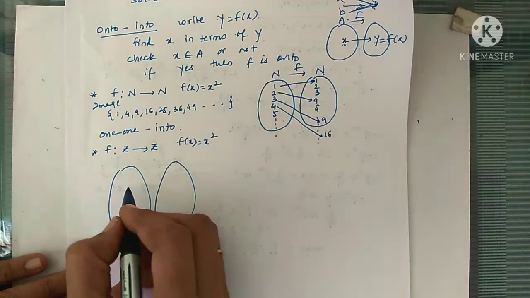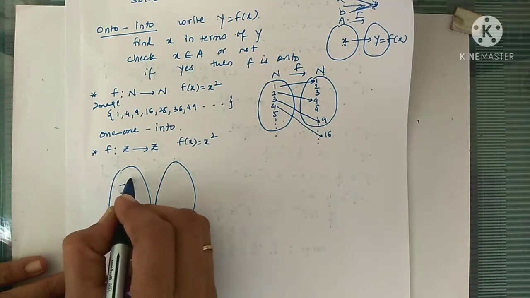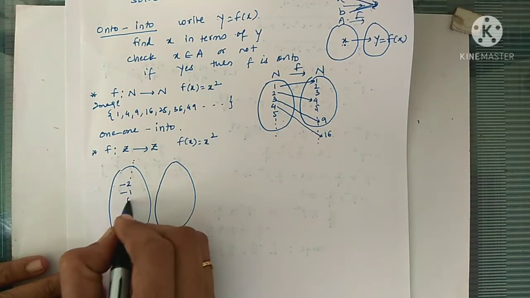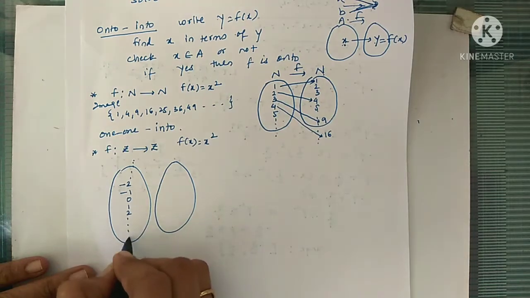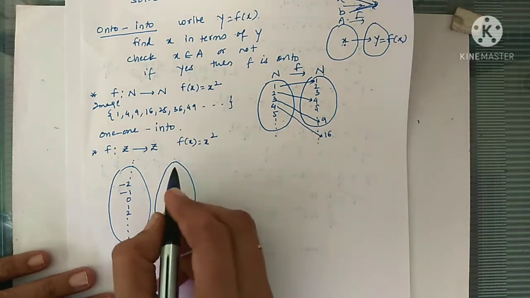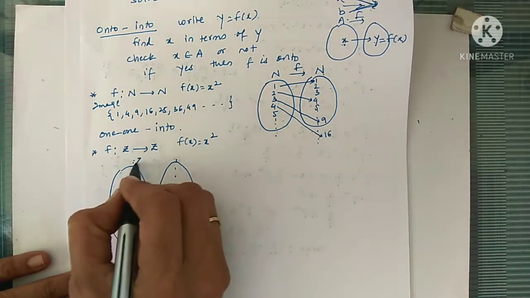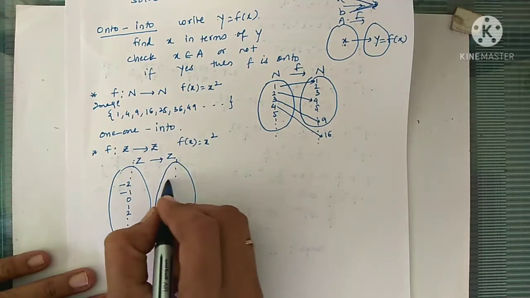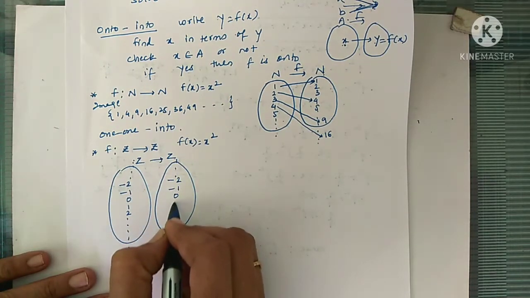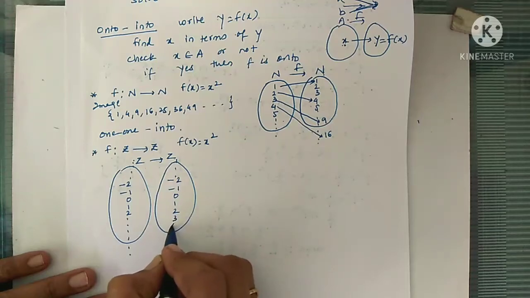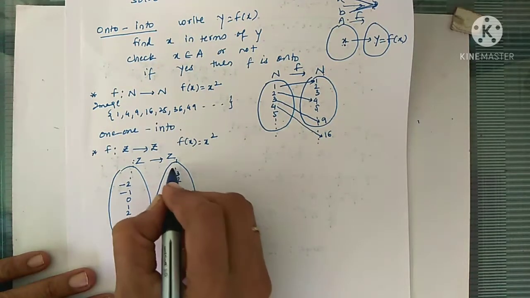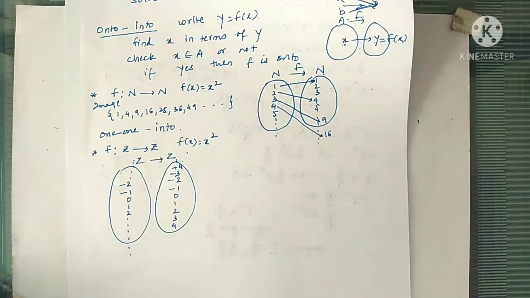So Z is -2, -1, here also infinitely many elements, 0, 1, 2, infinitely many elements. And here also we have the same set, Z to Z. So -2, -1, 0, 1, 2, 3, 4. Here it is -3, -4 and so on.